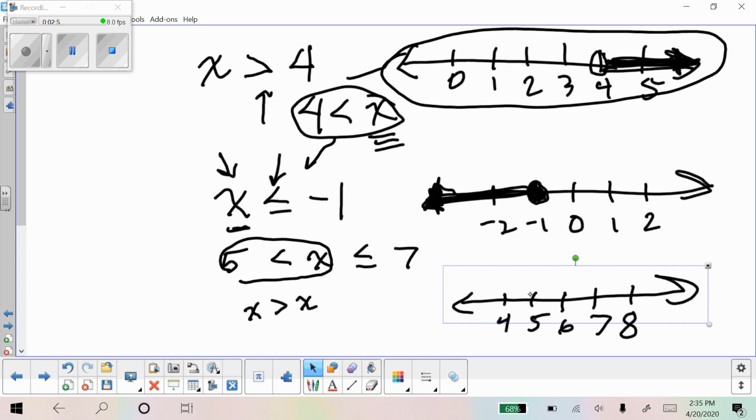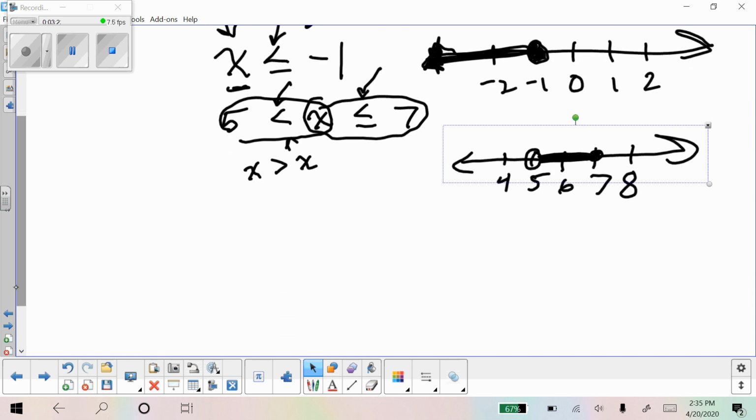So we're going to start at 5 with an open circle because there is no equal sign there. And then the other part of this says x is less than or equal to 7. So we're going to put a solid circle on 7. Now this means we need to be going smaller than 7, so to the left of 7. And on this side we need to be going to the right of 5. So that means it's actually everything in between those. That's why we use the word and when you see a situation like that.